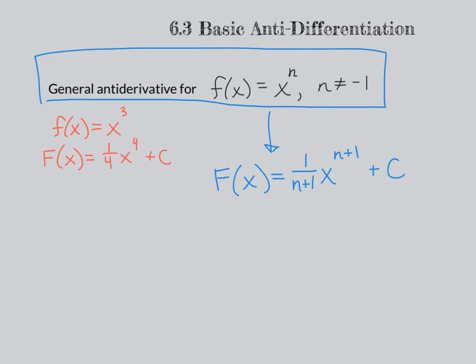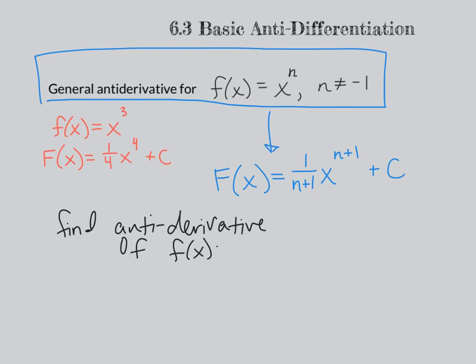Let's do an example. Let's find the antiderivative of something x squared here. Let's do 4x squared. All right, so let's find that general antiderivative using our general form here. So what was n?